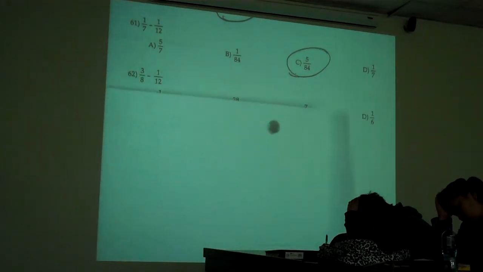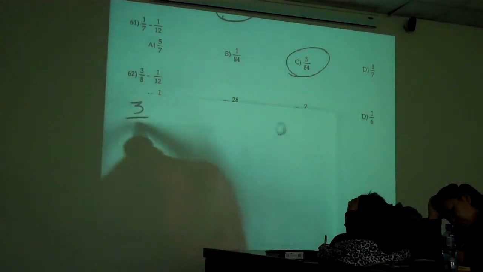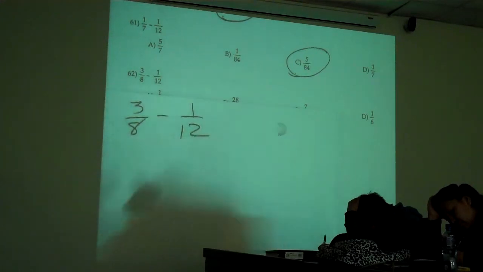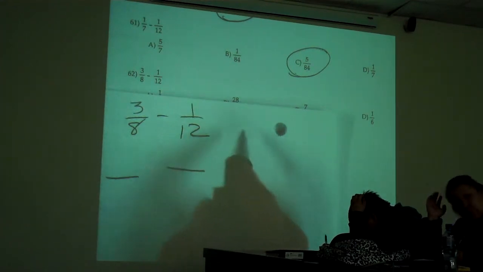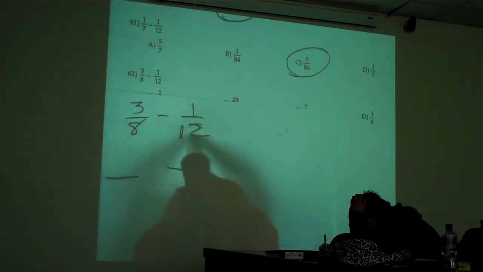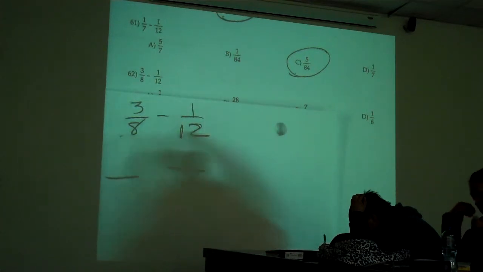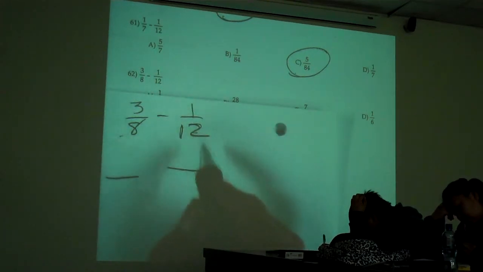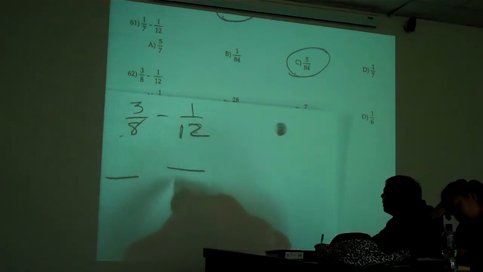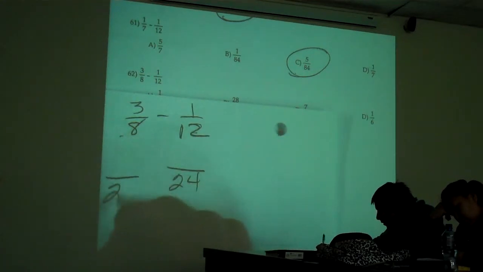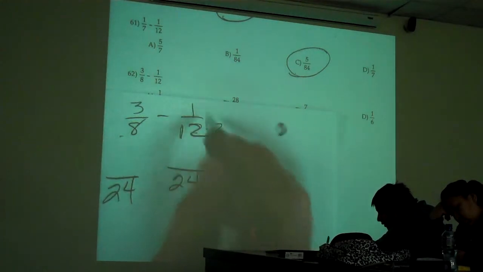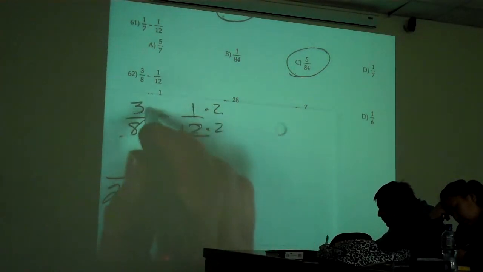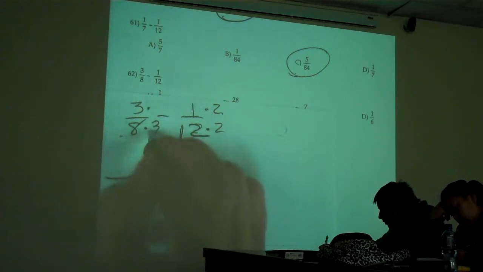Okay, 3/8 minus 1/12. What is your common denominator? You could multiply them and get 96. You could do 48, or the lowest one would actually be 24. That's 12 times 2, right? And that's 8 times 3. 8 times 3 is 24.